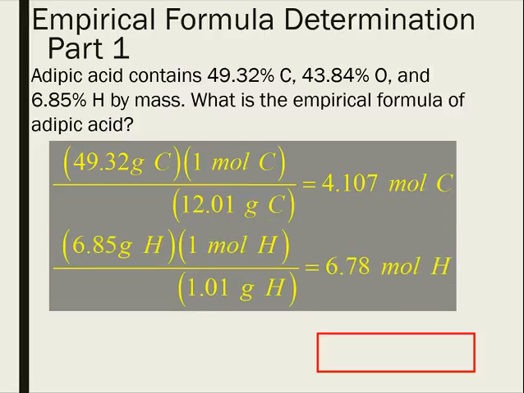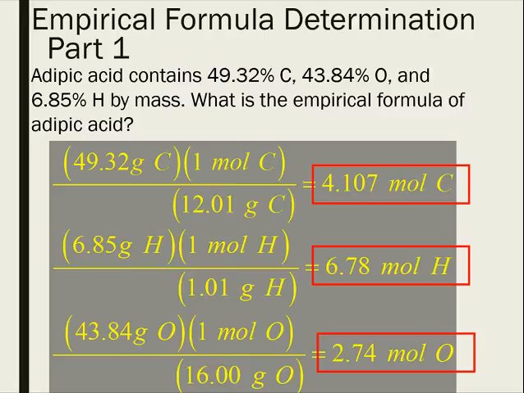We'll do the same thing for hydrogen and for oxygen, and we'll see that these 3 molar values, we are going to bring these to the next step, to part 2. So we're going to start with these values: 4.107, 6.73, and 2.74. We're going to start with those on the next page. This is where we're getting them from. So this is step 1 of part 1. Moving on to part 2.